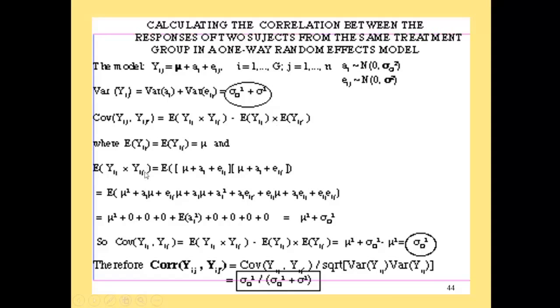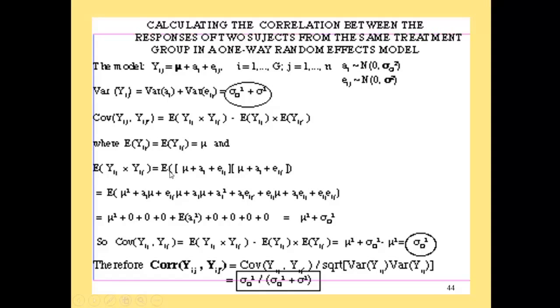Now, the 5th through 7th lines. This is a bunch of hideous-looking algebra, but it's really not that bad. Okay? In this covariance formula, we've already got the expected value of yij, and we have the expected value of yij prime. What we do not have yet is the expected value of yij times yij prime.